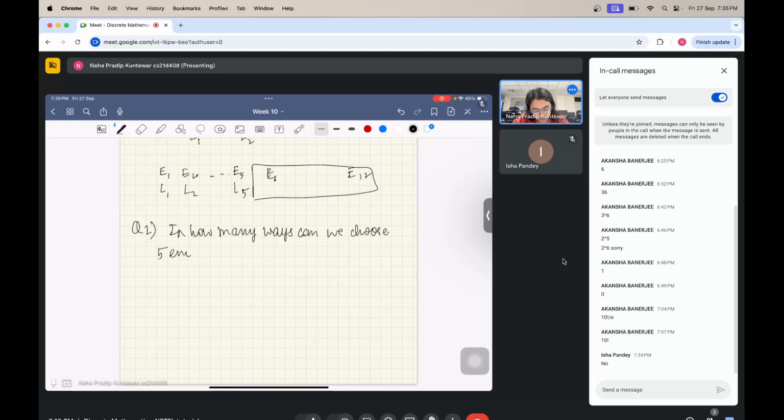five envelopes such that they get the right letter.